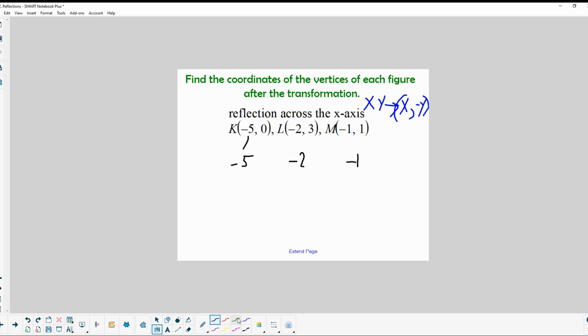And then all the y values become their opposites. Well, 0 doesn't have an opposite, so we'll just put 0 again. The opposite of 3 would be negative 3, and the opposite of 1 would be negative 1. So that would be the new coordinates of the translated images for K prime, L prime, and M prime.